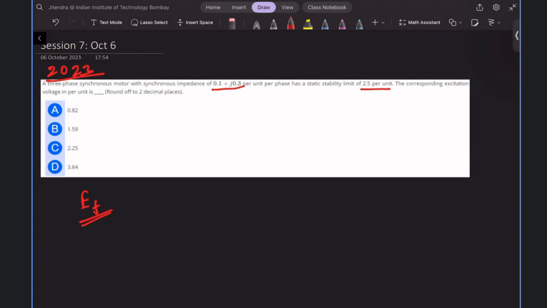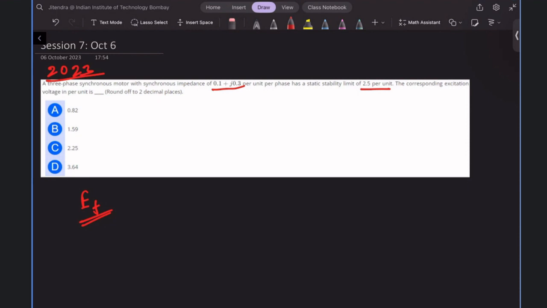For a static stability limit, here we should deal with it every time. If it is a motor, we cannot calculate output power directly unless losses are given.